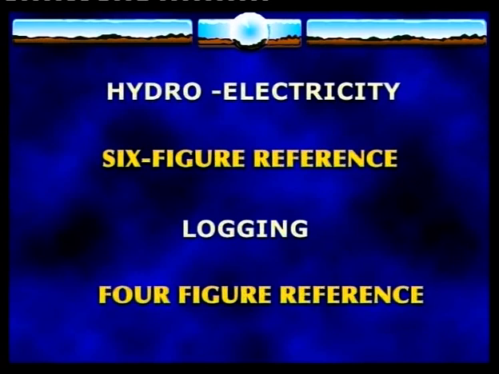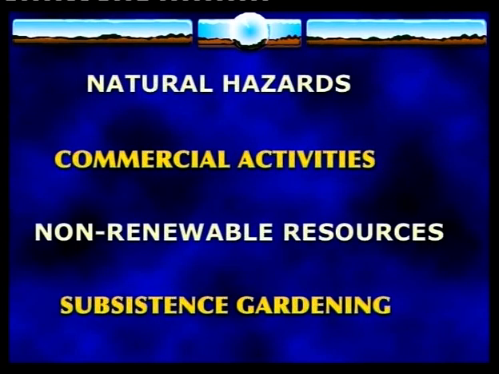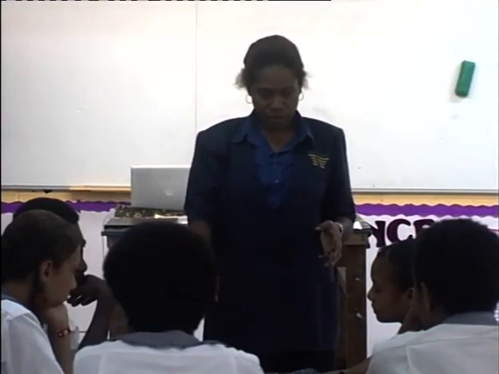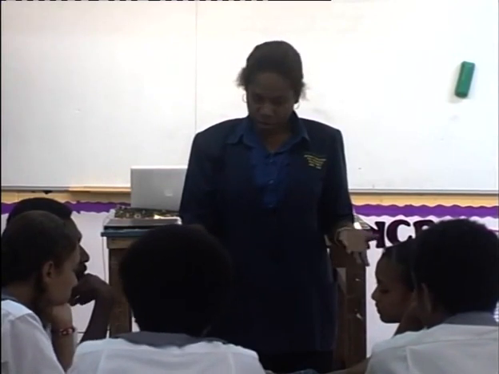So that means you're on commercial activities. One of you will have to teach yourself on commercial activities. You teach yourself or tell your friends about commercial activities, anything to do with this topic. Commercial activities, what is it?